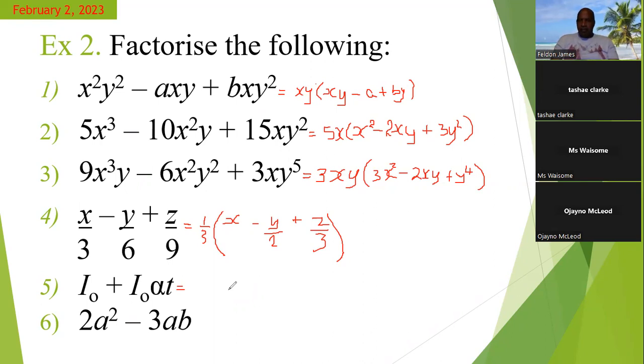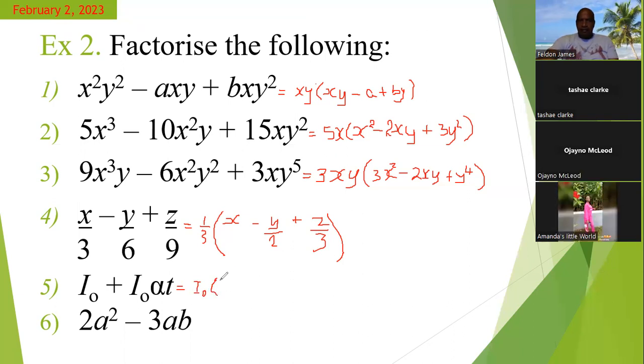Okay. All right, sir. So what I got for the HCF is the I and the 0, the subscript. So you call it I naught. Oh, okay. All right, so I naught would be the common factor. Yes. All right, continue.